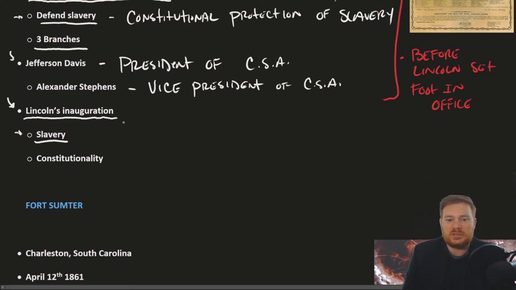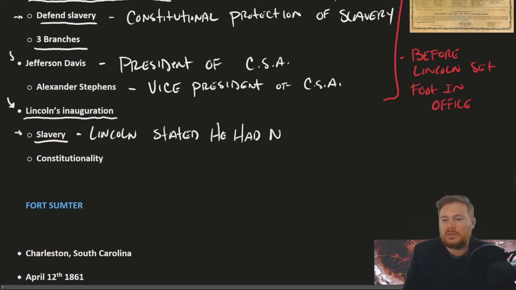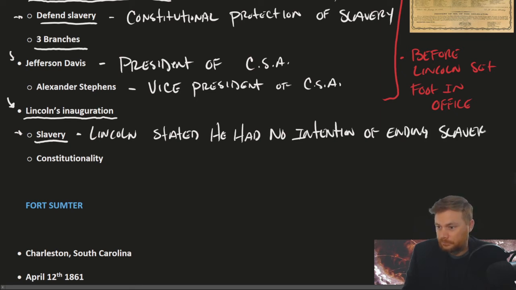So we might say on the issue of slavery, Lincoln stated he had no intention of ending slavery where it existed.